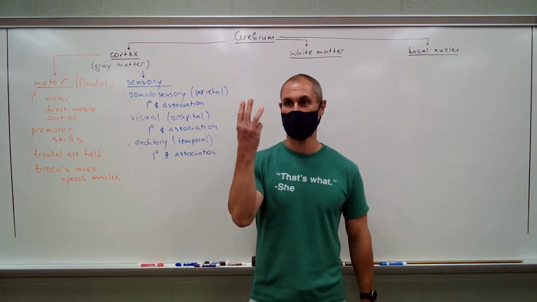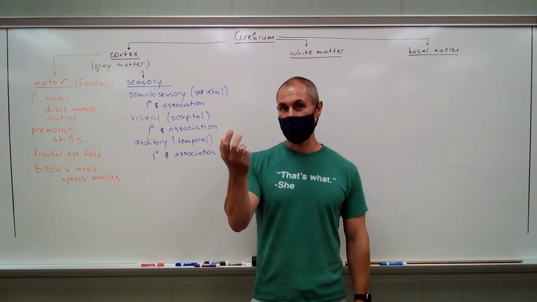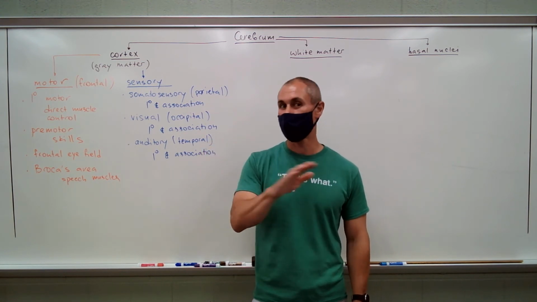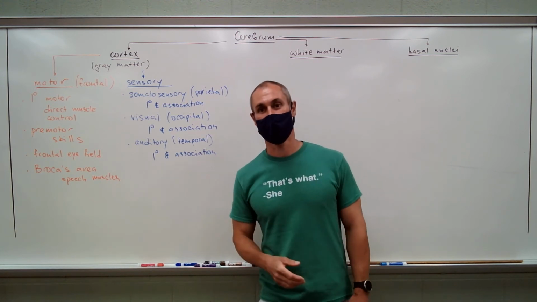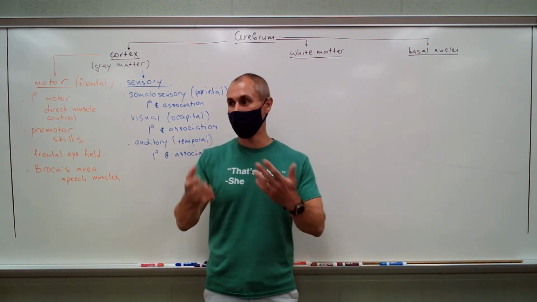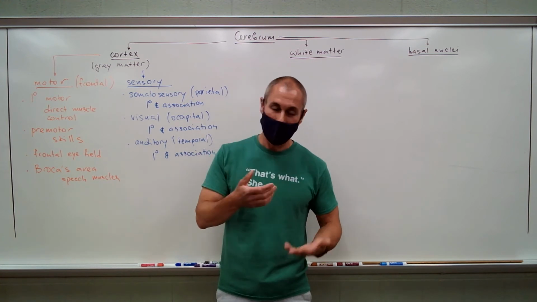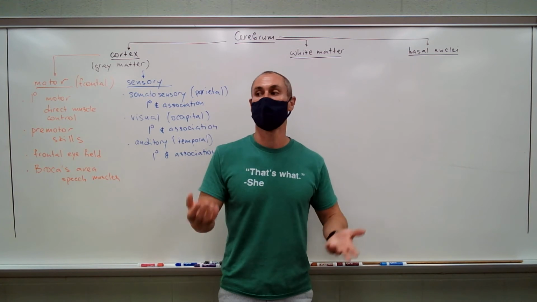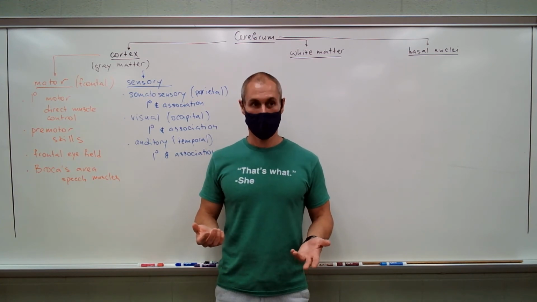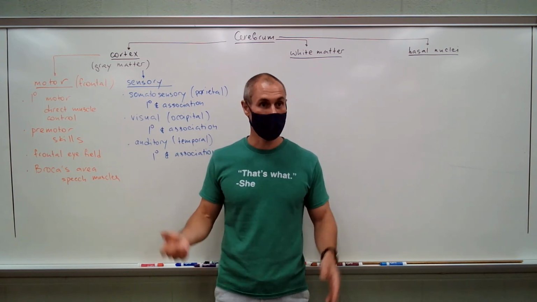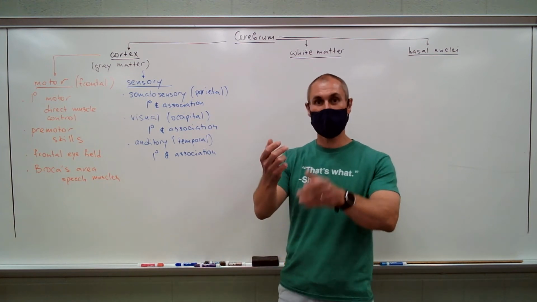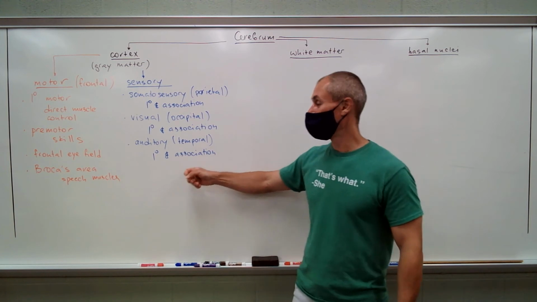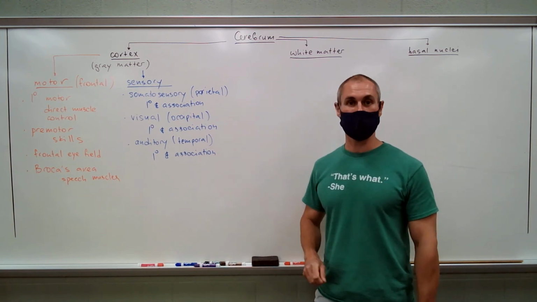You can tell 3 things. It's pitch, volume, and location, and that's it. You don't need anything else. Because then you combine pitch and volume, and then you start recognizing what is this. Does that make sense? So, pitch, volume, location, that's your primary. What is this? That's your association cortex.